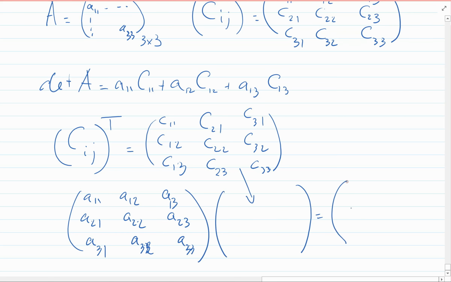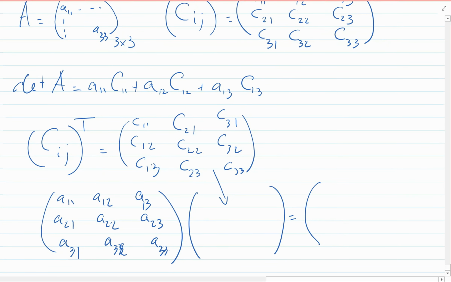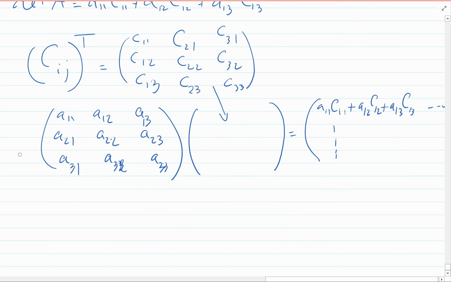So what do I get? On the first one, we take the first column of the transpose of the Cij's times the first row. So I will get A11 C11 plus A12 C12 plus A13 C13, etc. So you see, the first number will be the determinant.